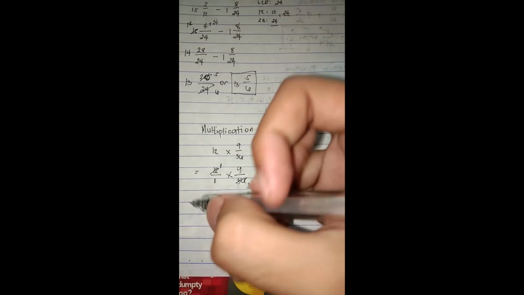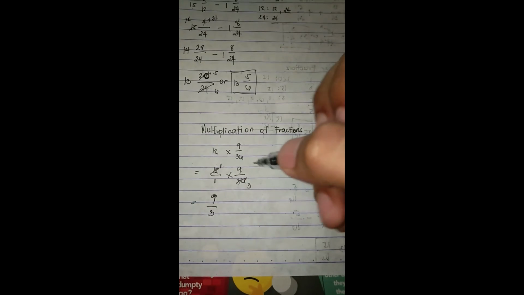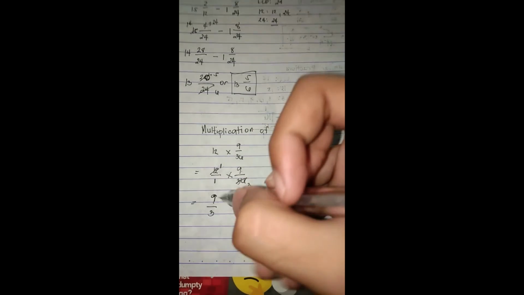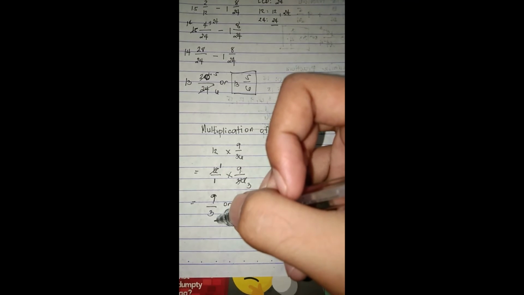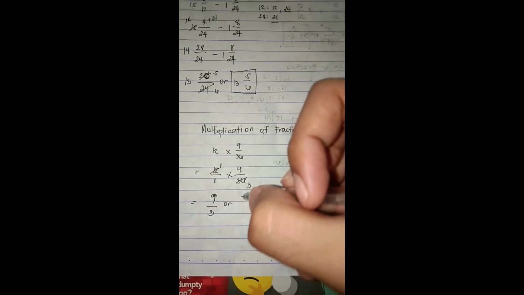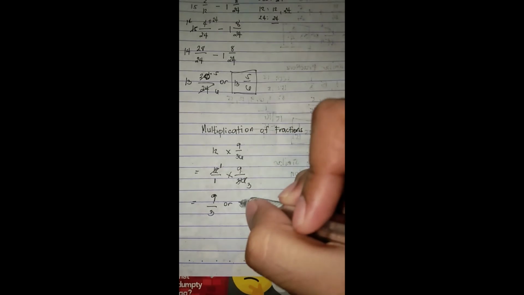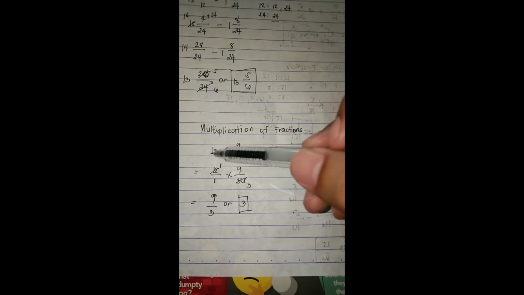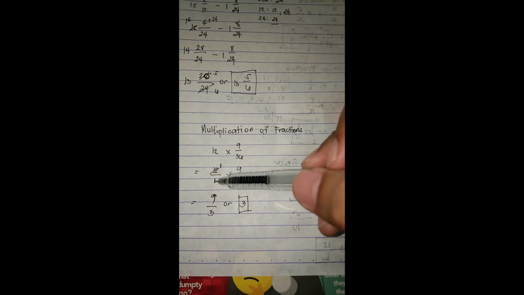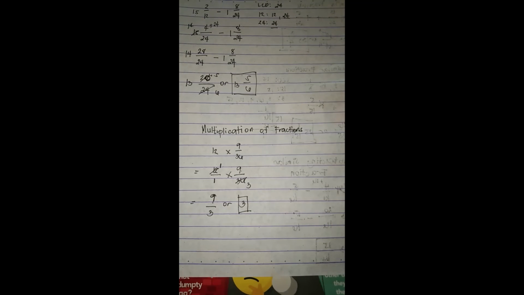And 1 times 3 is equals to 3. Then, reduce the answer into lowest term. So, 9 divide 3, we have here 3. So, therefore, our final answer is 3. So, ulitin ko. Yung tatandaan lang, kapag whole number, automatic denominator is 1. So, yun yung concept dito.